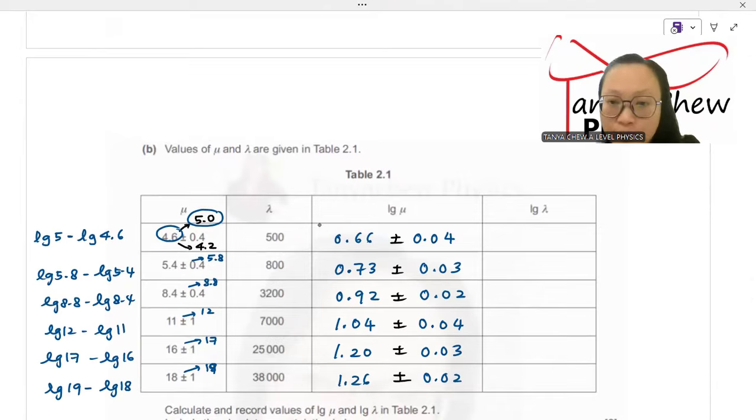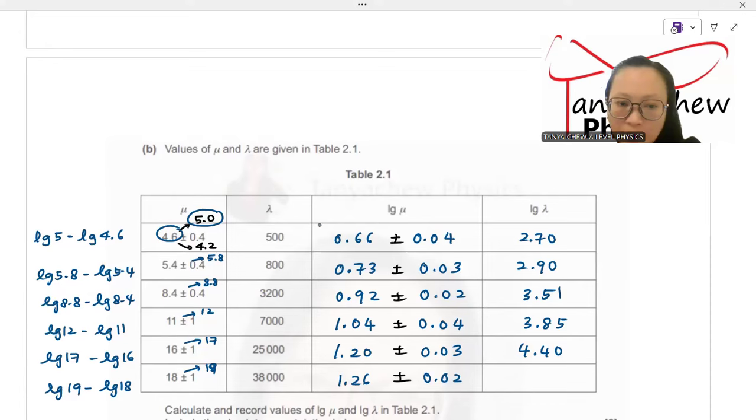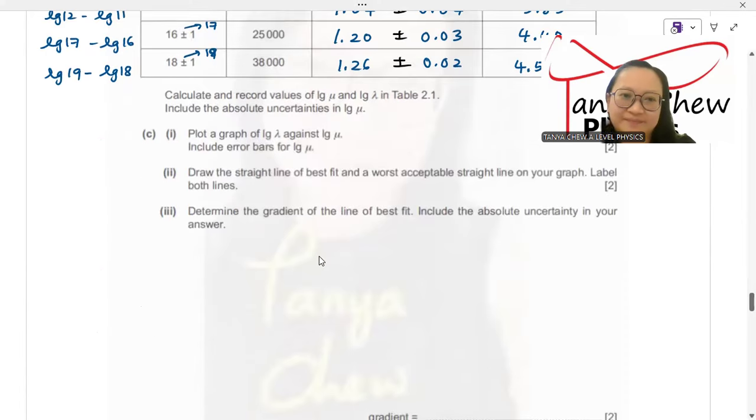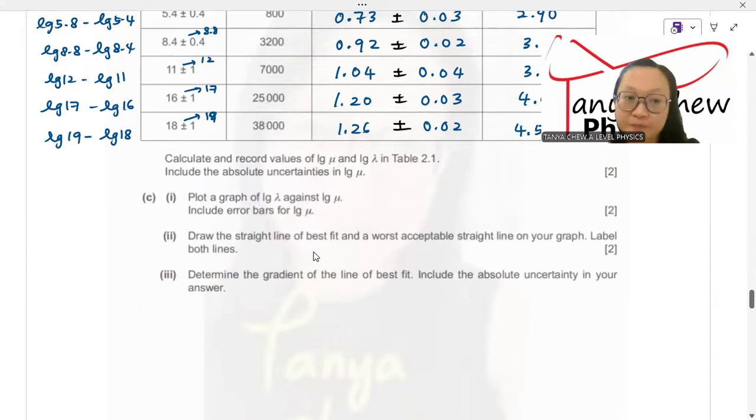So the first one is 2.70, log 500, log 800 is 2.90, log 3,200 is 3.51, log 7,000 is 3.85, log 25,000 is 4.40, and log 38,000 is 4.58. Done.